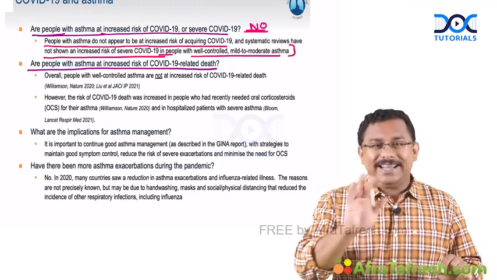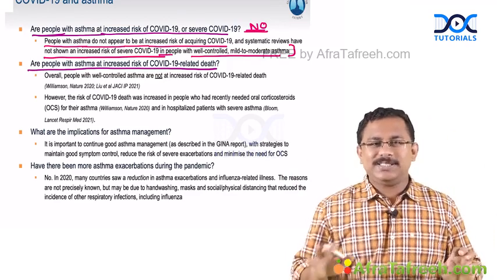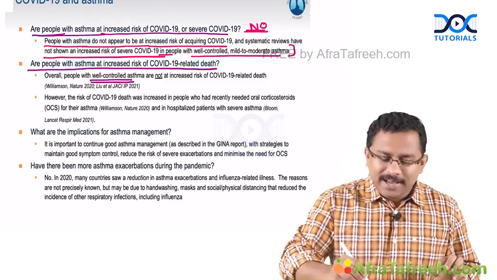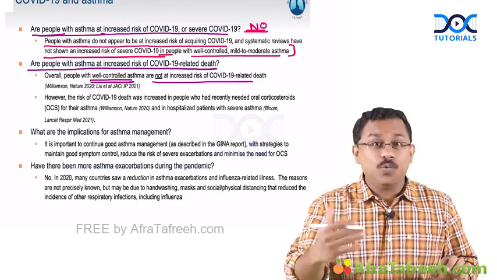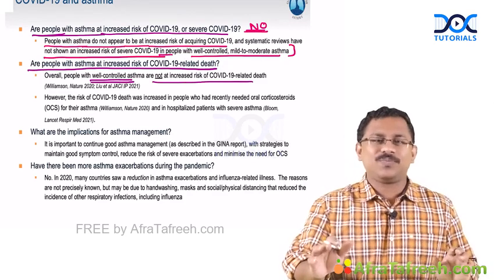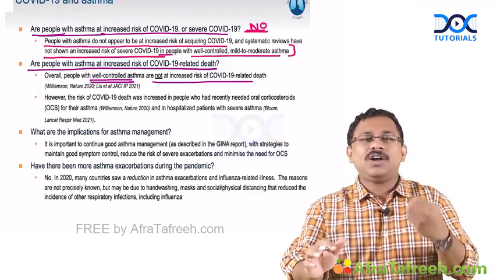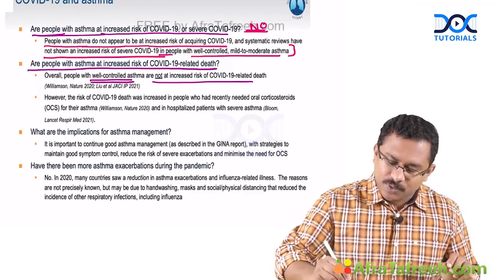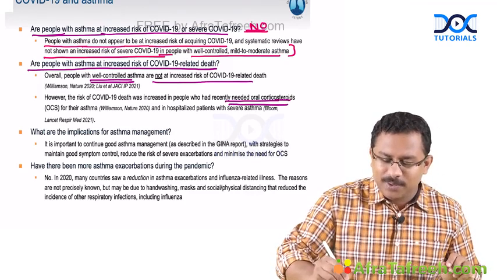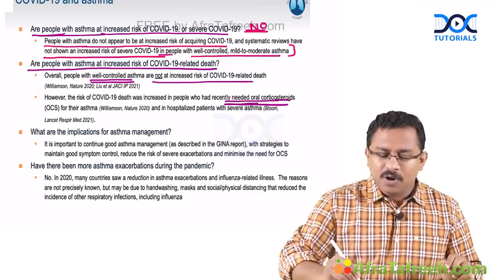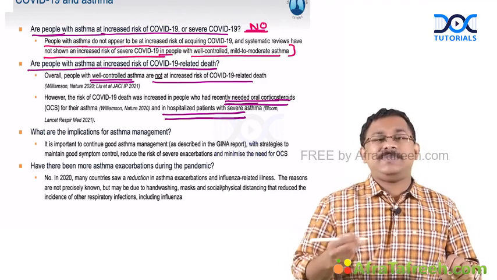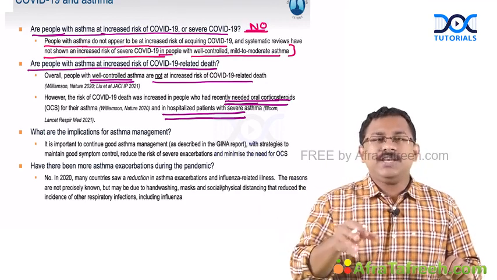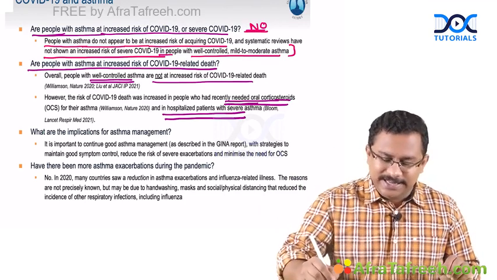Well, there are 2 aspects to this answer. If it is well controlled asthma, they are not at increased risk of a COVID related death. However, if they are not well controlled and they require oral corticosteroids, or there has been a very recent hospitalization with severe asthma, like a step 5, for those individuals the answer is yes.